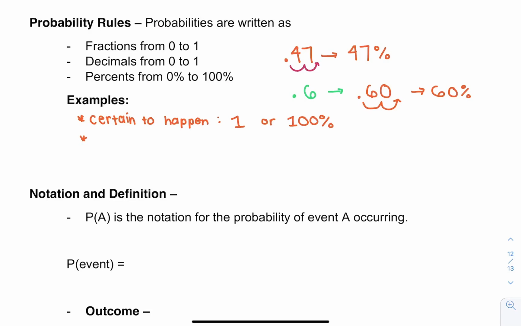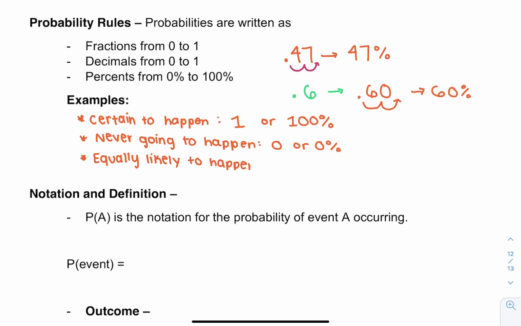If I have something that's never going to happen, that would be 0 or 0%. If I have something that's equally likely to happen or not, that's going to be 0.5 or 50%.